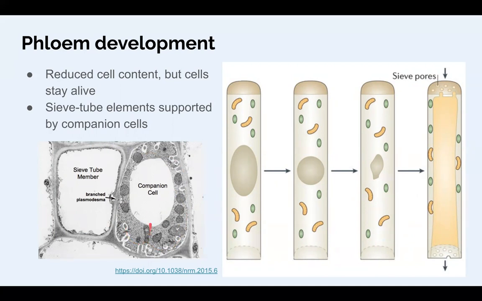And the companion cell is important for loading and unloading that cell. So they're joined by their shared cytoplasm, and this companion cell, if it's in a leaf, would be putting sugar into the sieve tube. If it's in a root, it might be taking the sugar out of the sieve tube. And so the plant has some control over what goes in and out of the phloem cells.